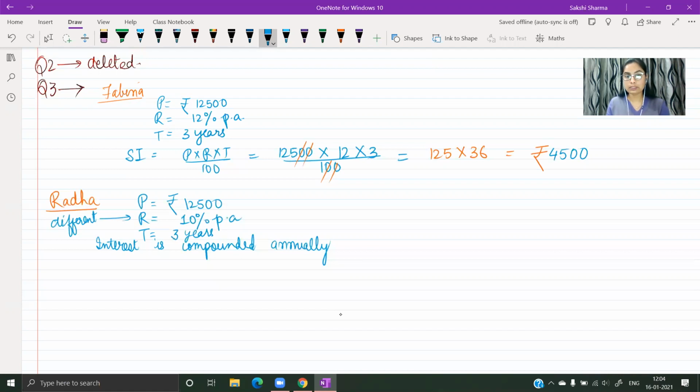For Radha, the principal is the same, the time period is same, the rate has changed. The rate of interest is different, but principal and time are same. Interest is compounded annually. Find out the amount, apply the formula, and simplify.